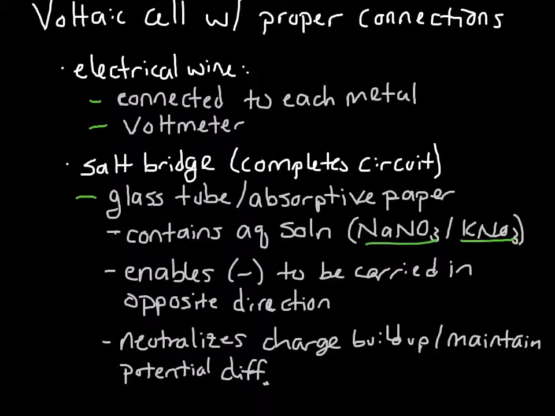In addition, on the side donating the electrons, that side is becoming more positive, and therefore the salt bridge, with its associated positive and negative ions, can replace and move those ions as needed to keep the cells balanced. Therefore, the salt bridge helps neutralize the charge buildup in each individual half cell and helps maintain what's called the potential difference, which is what allows the reaction to continually move forward.